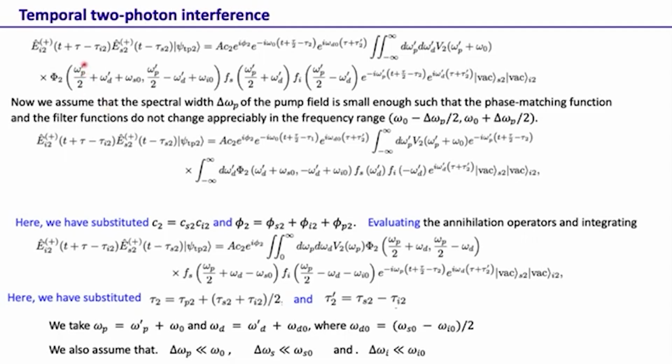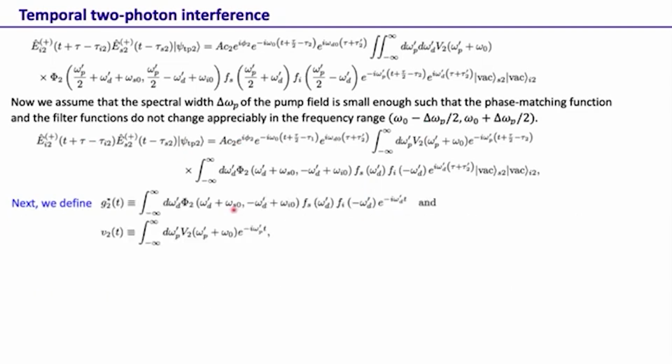This central value of omega p prime is omega naught, and omega naught by 2 is omega s naught. The central frequency of the signal is basically half the central frequency of the pump. So we have this as two separate integrals.